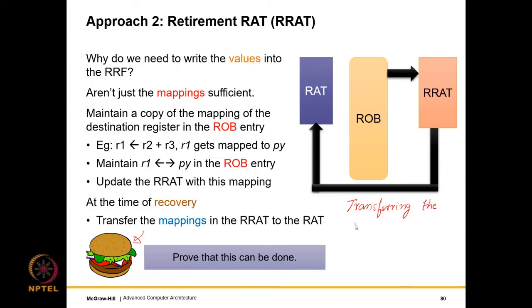That's the reason instead of storing the value, which is a heavy 64-bit number, we actually store a 7-bit number if we have 128 physical registers. So transferring the mappings is good enough. I have given you sufficient pointers. Furthermore, more rigorous proof should be done.